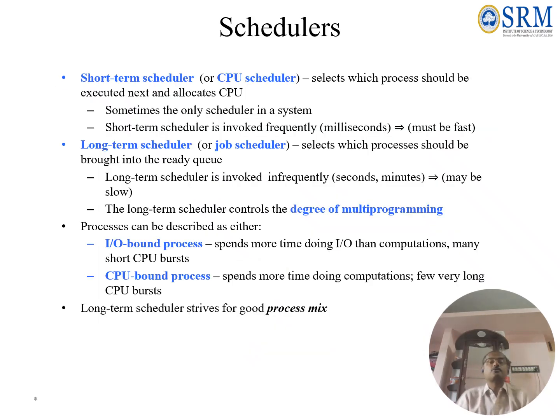Then you need to know about schedulers. There are two types of schedulers: short-term scheduler and long-term scheduler. Short-term schedulers are also called CPU schedulers, whereas long-term schedulers are also called job schedulers. The short-term scheduler selects which process should be executed next and allocates the CPU. It selects the process from the ready queue and allocates the CPU.